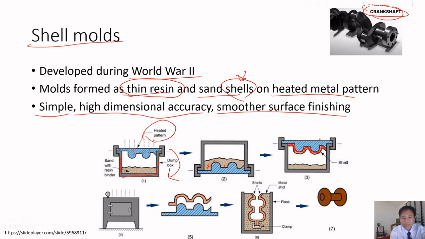And then what's next? The next process is heating the shell again, and after some time, we take the pattern out of the sand. Then we can get the smooth resin and sand shell. That is a shell mold. In practice, this process is used to create a crankshaft or this kind of object.